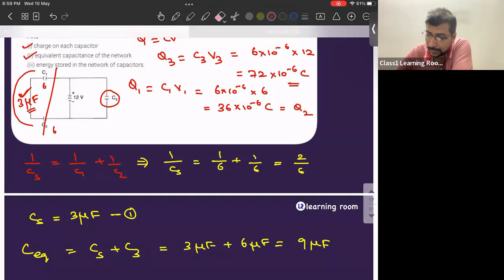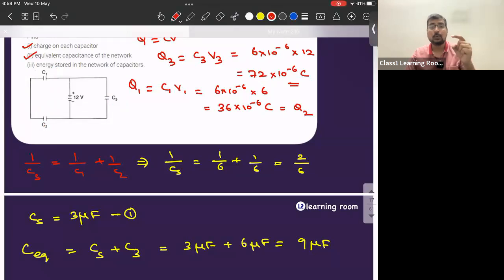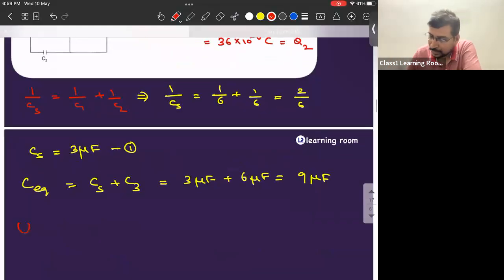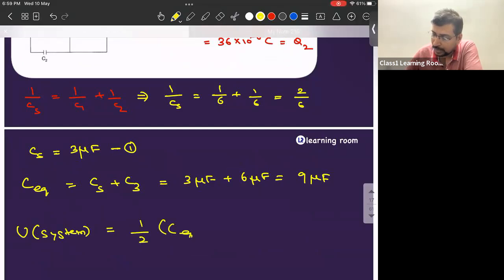And the last part of the question is, what is the energy stored in the network of capacitors? Meaning, what is the energy stored across the whole network? They are not asking across individual ones. So the energy stored in the system will be equal to half into C equivalent into V square.